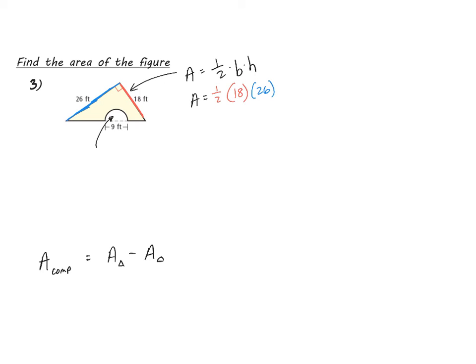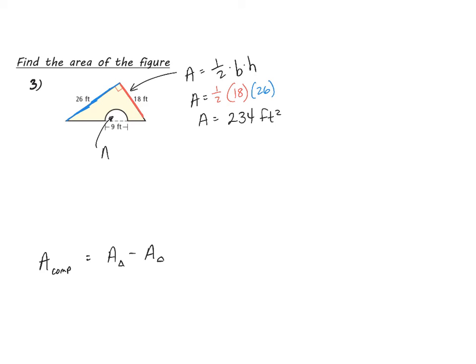So that means my area of my triangle is going to be 234. It's going to be feet squared. Cool. Up next, I have my semicircle.